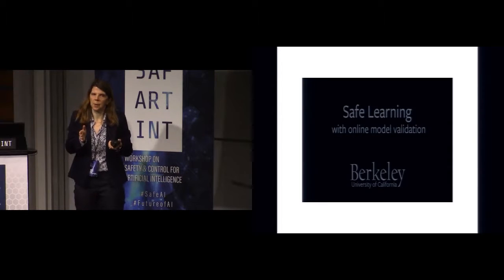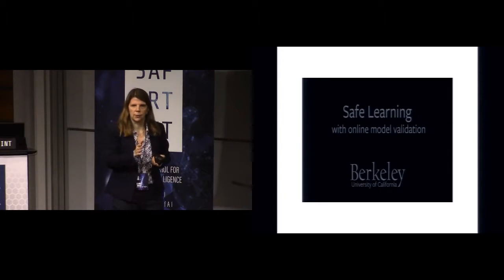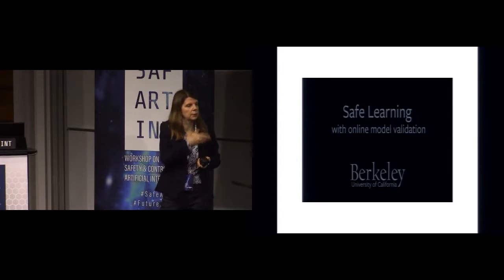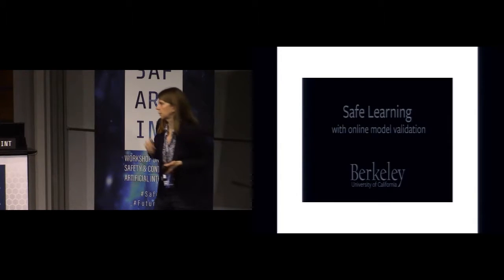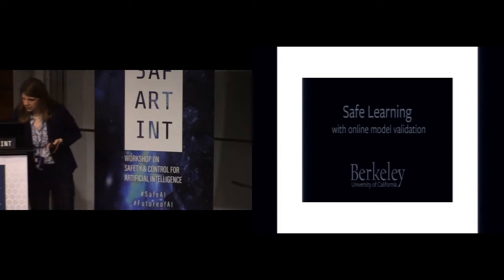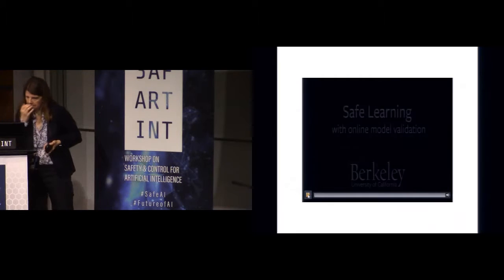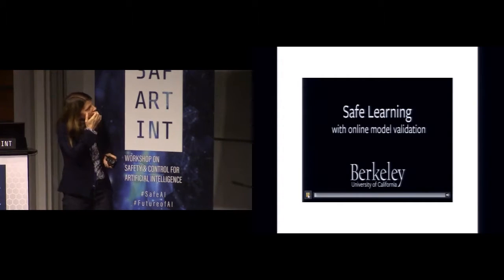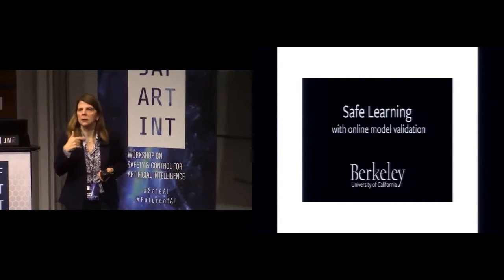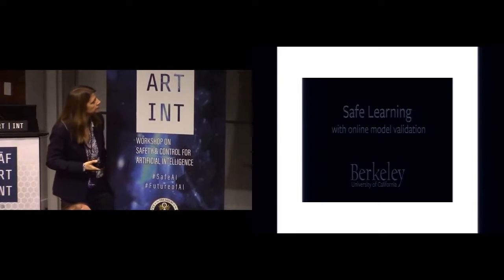In one experiment, we used safe learning, and in the other, we didn't use any learning at all, so it was just trying to stay within the envelope. And you can see the difference in performance and safety. We call this update the online model validation.